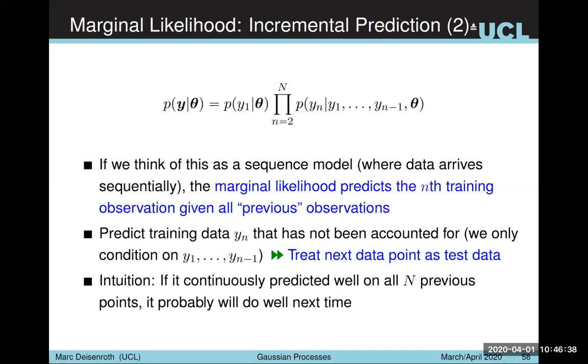We can therefore interpret the marginal likelihood as a proxy for the generalization error on some unseen test data, because the marginal likelihood already does this kind of sequential prediction implicitly.